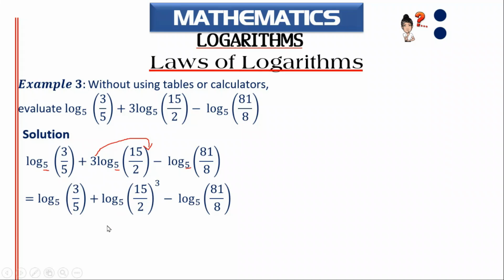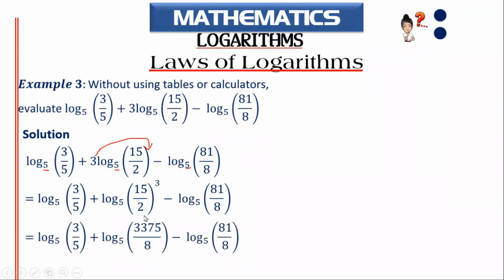From what you have there, you simplify further, you have this as the value of this, and since there's nothing else to compare, this is the same base as this, and the same base as this. So don't forget, addition means multiplication, and subtraction means division.